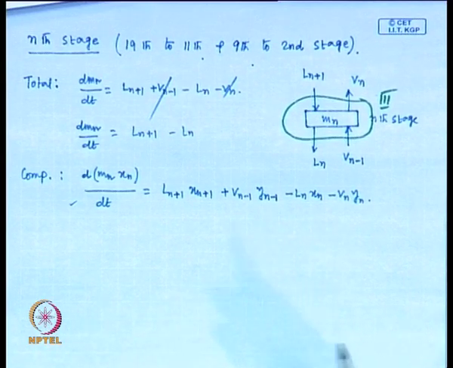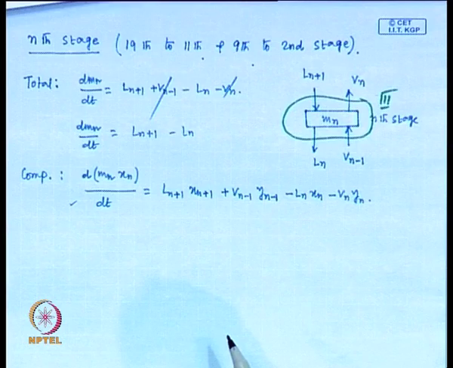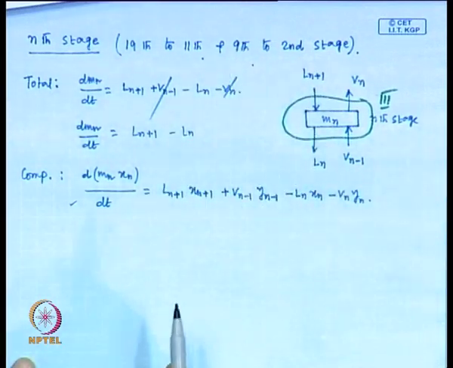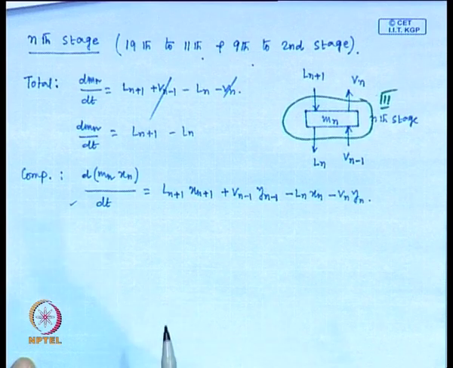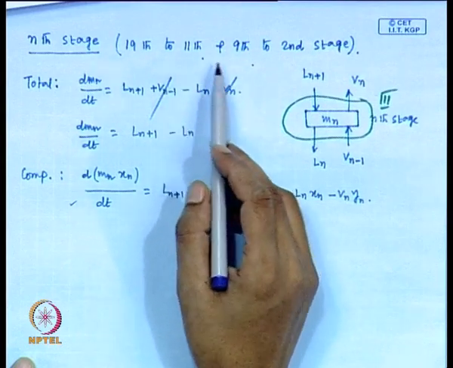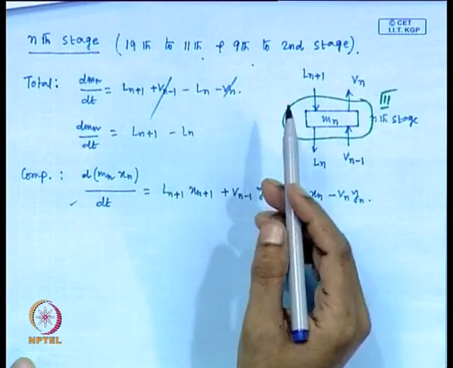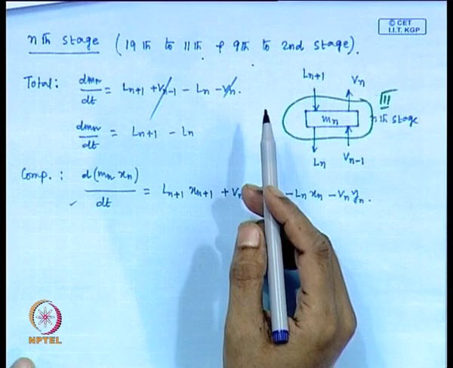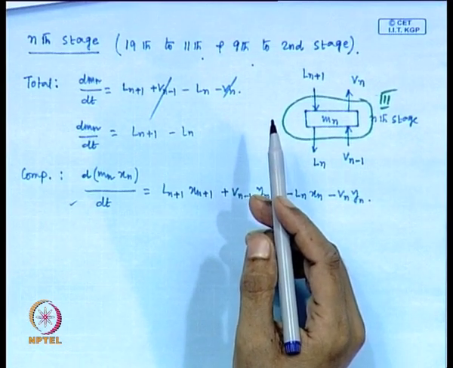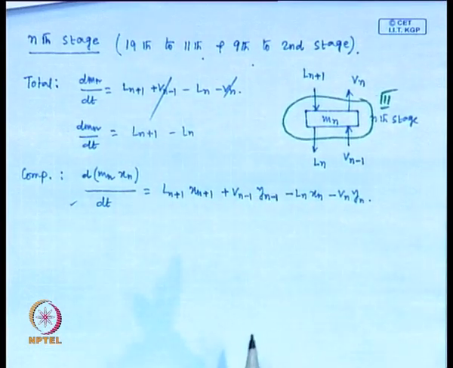So, next we will consider the feed stage, which is not included within this nth stage. Fine. Also, the first stage is not included here, because that has slightly different nomenclature. Similarly, for the case of column base, we have to consider separately.